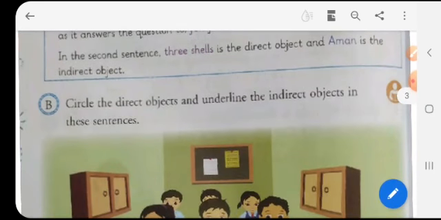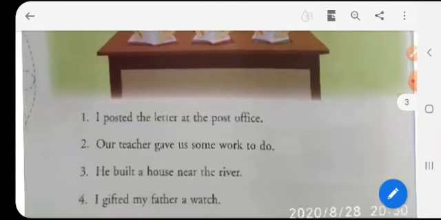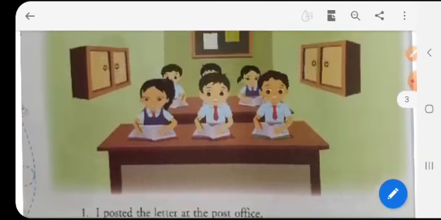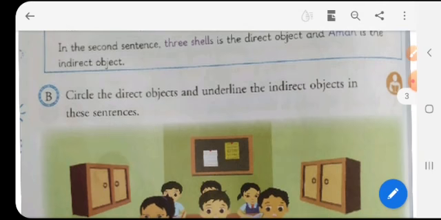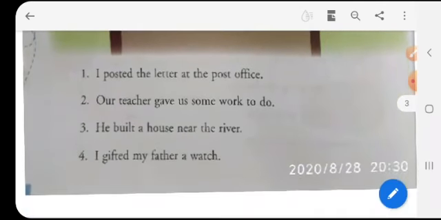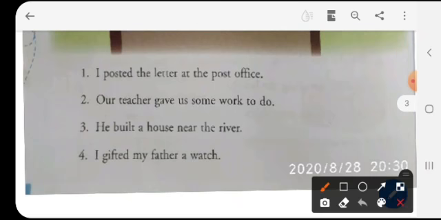Now we have to circle the direct objects and underline the indirect objects in these sentences. I posted the letter at the post office. Let's do one of them: posted what?